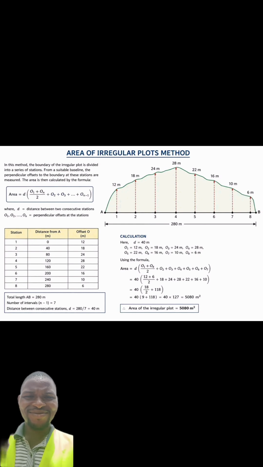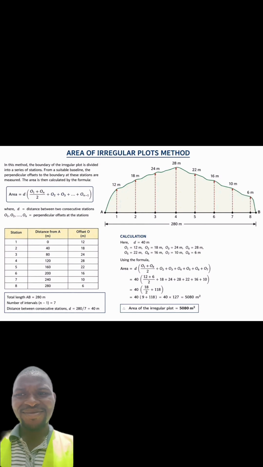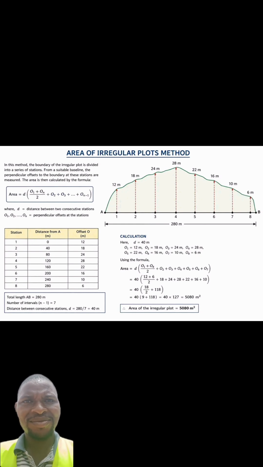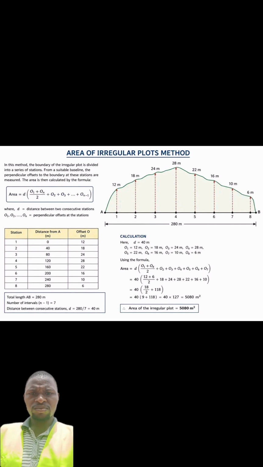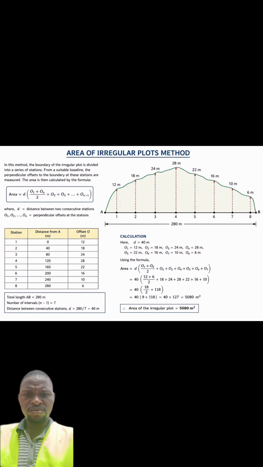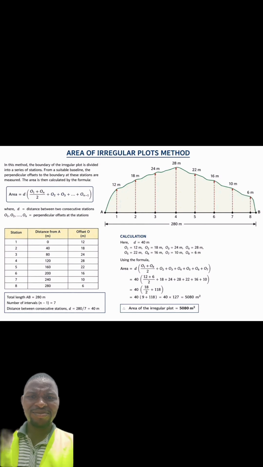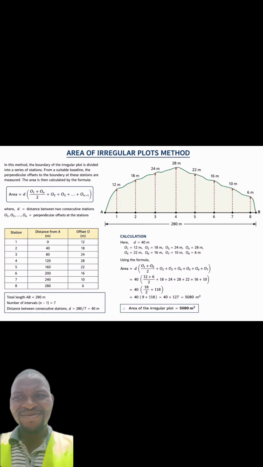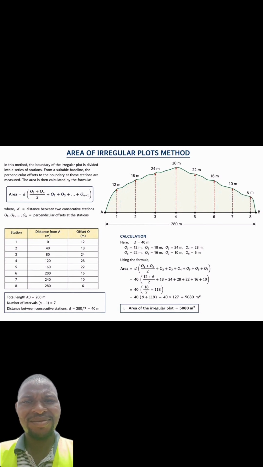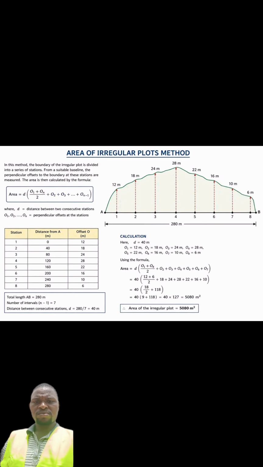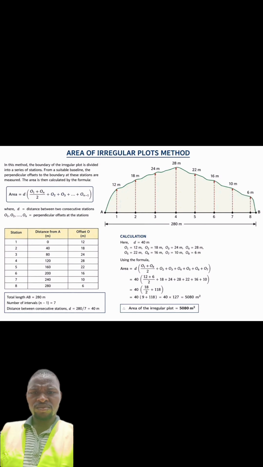The number of intervals is n minus 1, which gives us 7, because the total number of stations is 8, and 8 minus 1 is 7. The distance between consecutive stations, D, is 280 divided by 7, which gives us 40 meters.